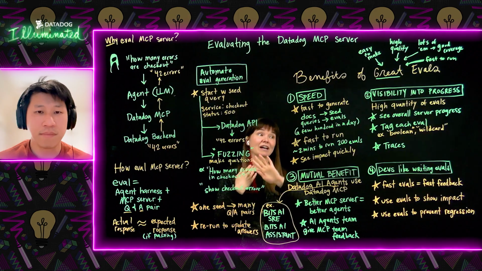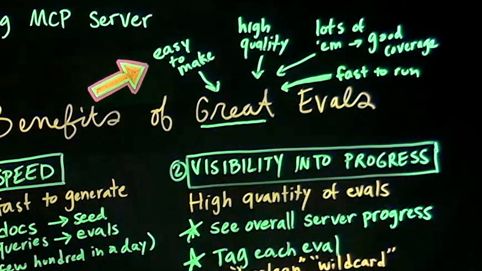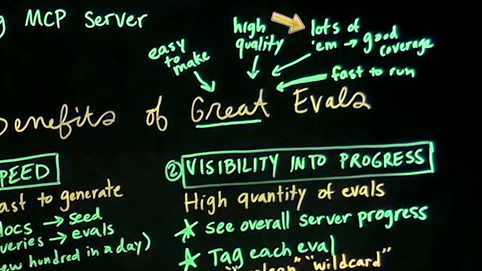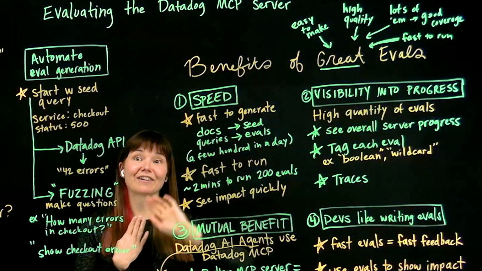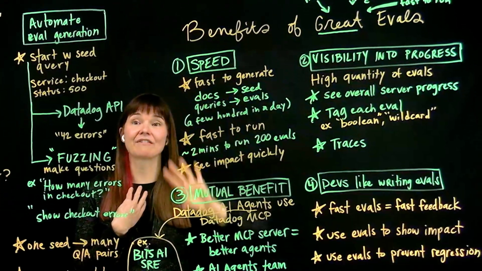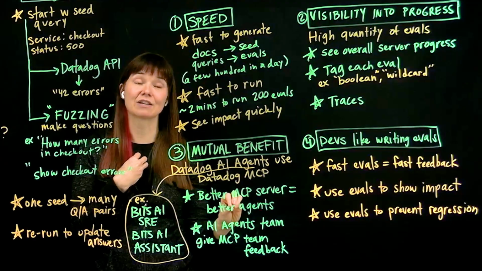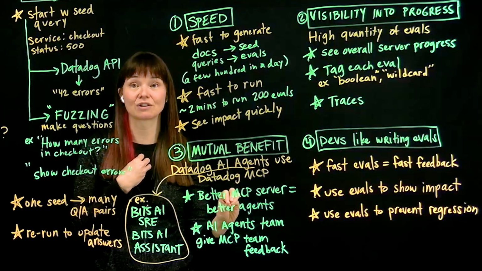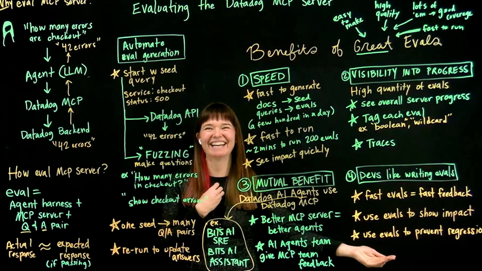Because of that, you have a whole host of benefits: evals that are easy to make, high quality, and plentiful, so you have good coverage, and they're fast to run. You get a lot of extra visibility, and a lot of benefit goes not just to the MCP team, but to the other teams that use the Datadog MCP server internally. Everything's fast, and it's even a little bit fun.